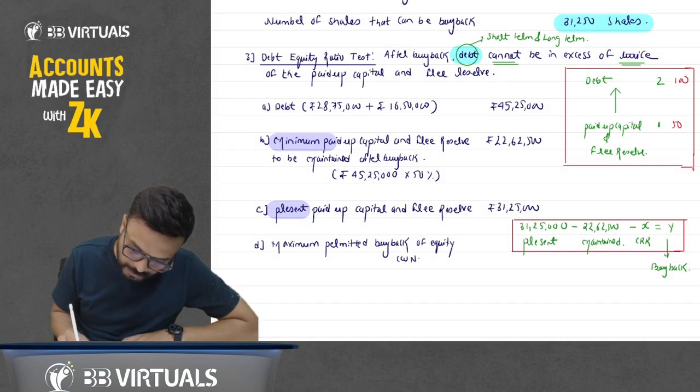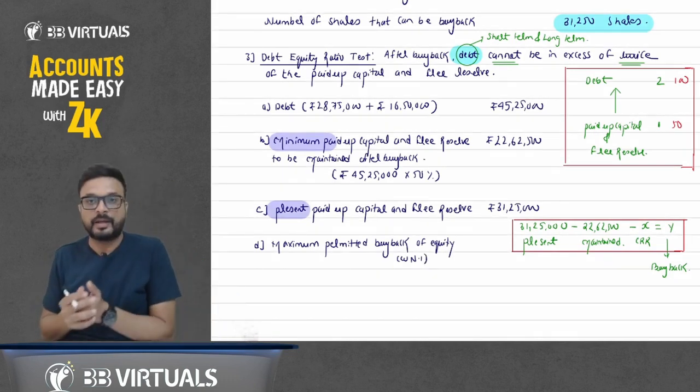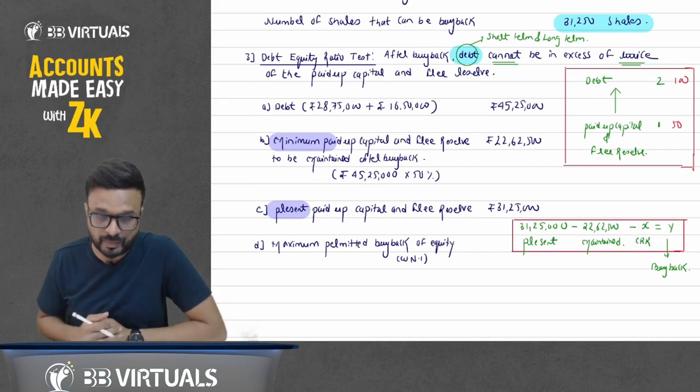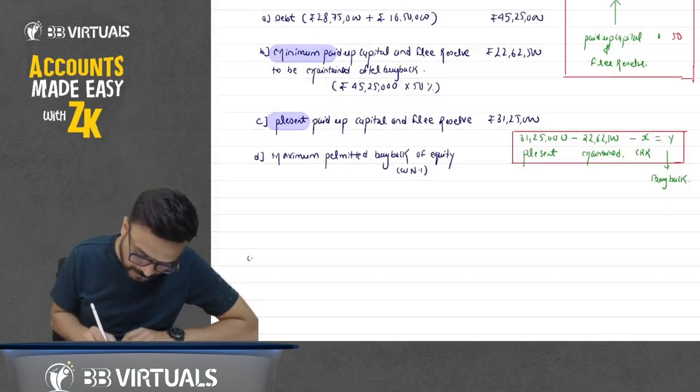Write down here working note number 1. So what is working note number 1? Don't worry, just write it down. Maximum permitted buyback of equity, and keep the space for 3-4 lines, and then write down working note.